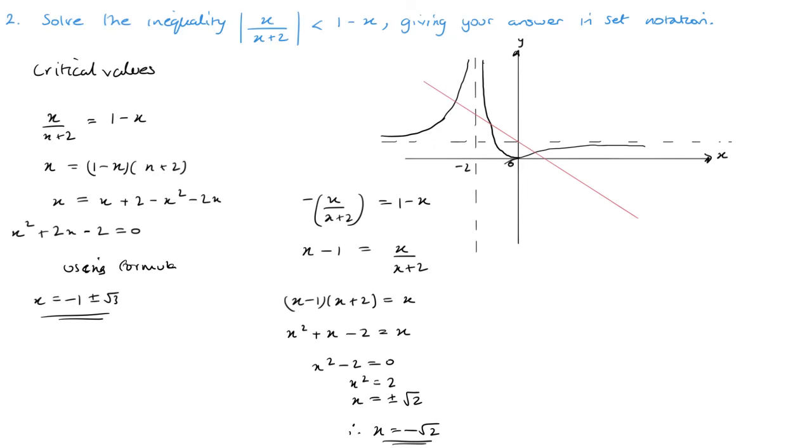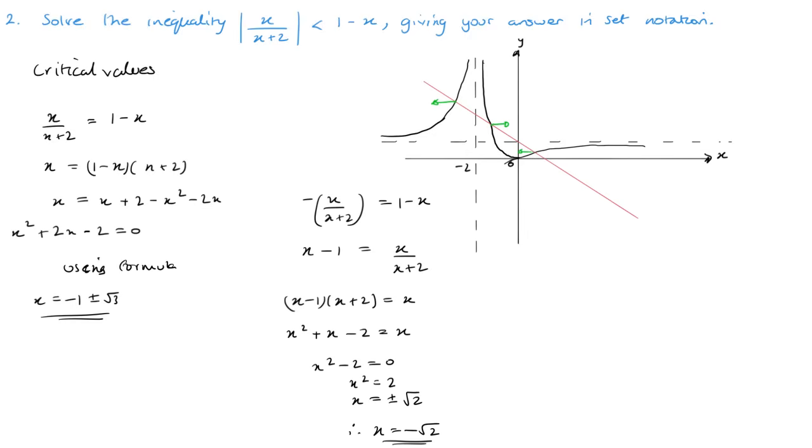Now let's jump back to the inequality. We want the modulus graph, which is in black, to be less than the red graph. I'll pop these on in green. It's going to be smaller than the red graph from this critical value to the left, from this critical value to the right, and from this critical value here to the left.